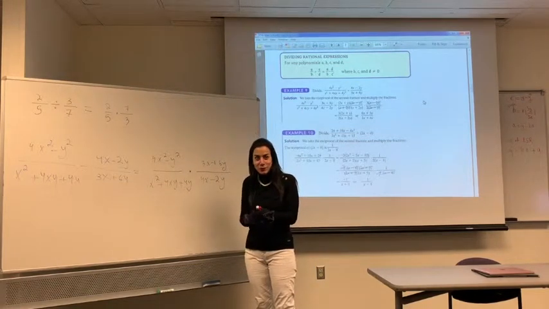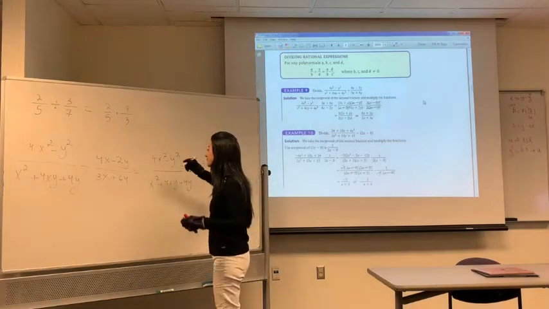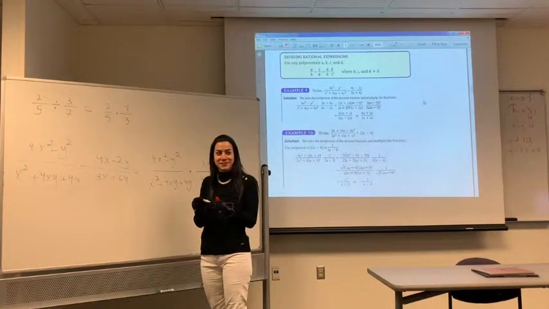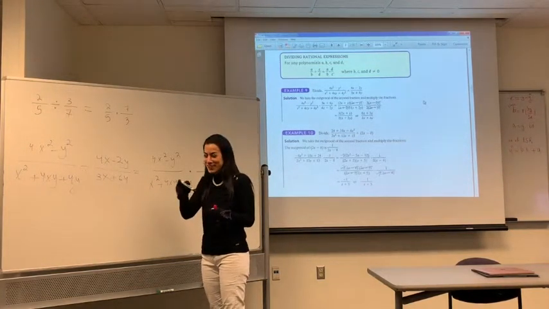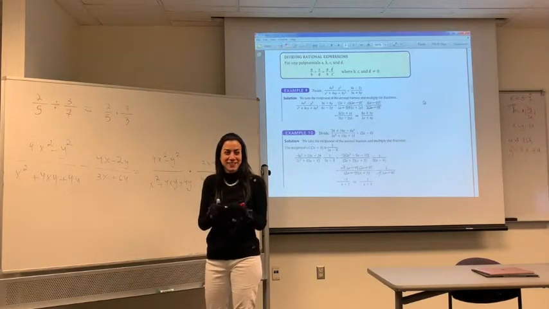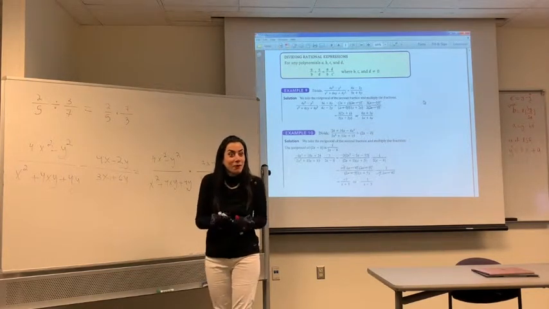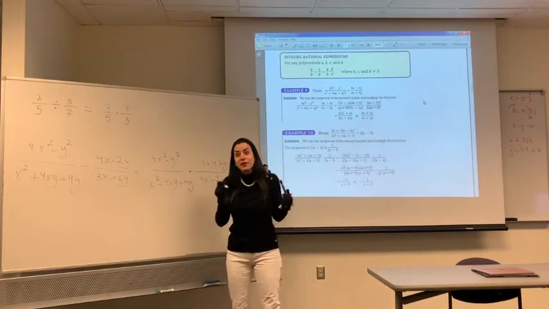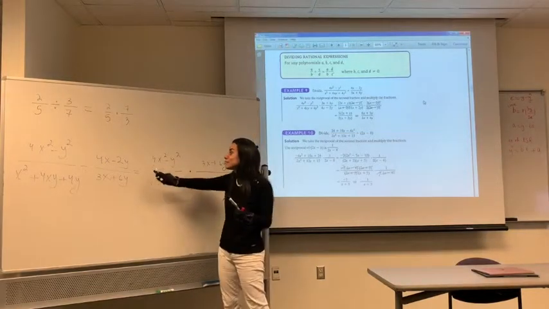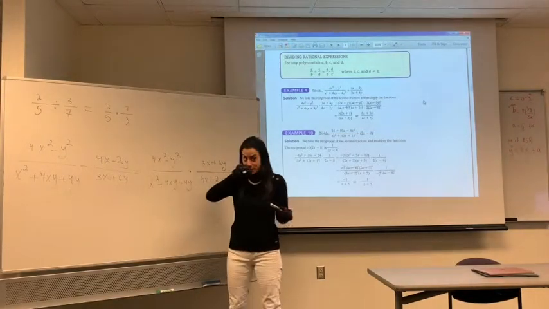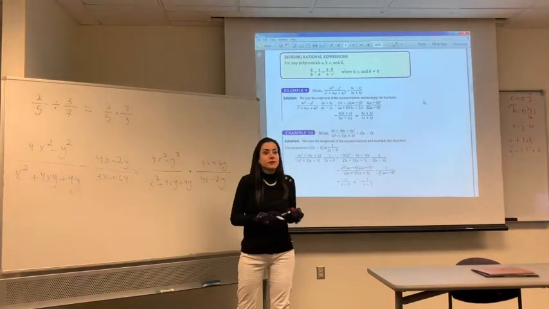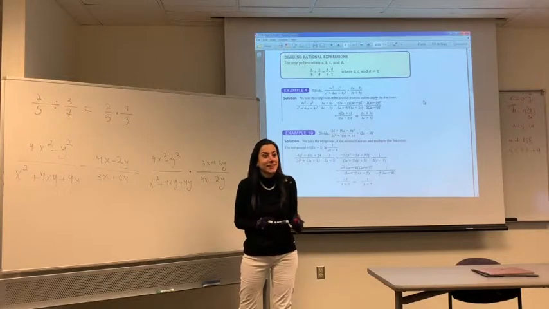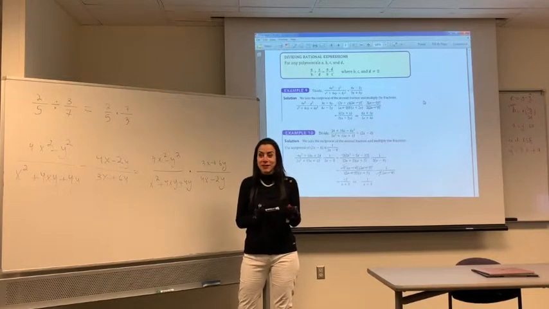Wait, didn't we just say that? I swear we just said that. She did. You said 2x. Everybody was saying it. You're not listening. No! You said we bring out 2x. No, I said this 2x is not common between these two. Oh, we were thinking of when you bring out a common factor. You should say 2x minus what?